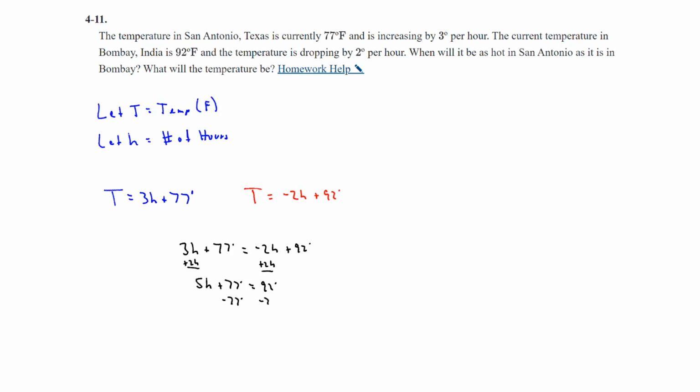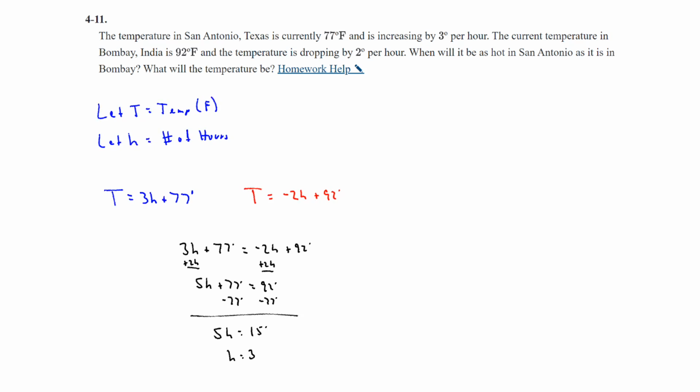Subtract 77 degrees. And then we'll have 5h is equal to 15 degrees. Divide by 5. And h is equal to 3. So we're looking at 3 hours that it will take for those temperatures to be the same.